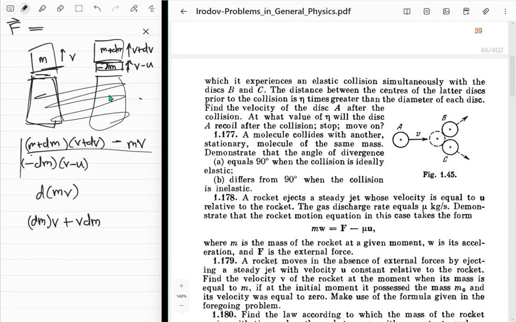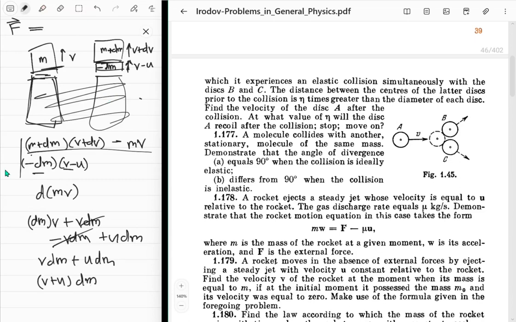Then you got this guy: minus v dm, plus u dm. So this cancels. You just get m dv plus u dm. Wait, what? That's unexpected. It is as it is, really. So you just have m dv plus u dm.